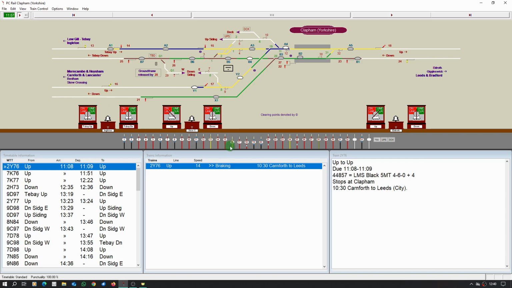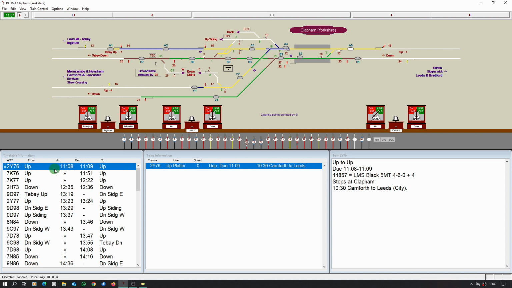Right, I'll put the distant back. 17 can go back. It's now clear up to the clearing point, so we can send out a section for that one. It's just braking for the station.